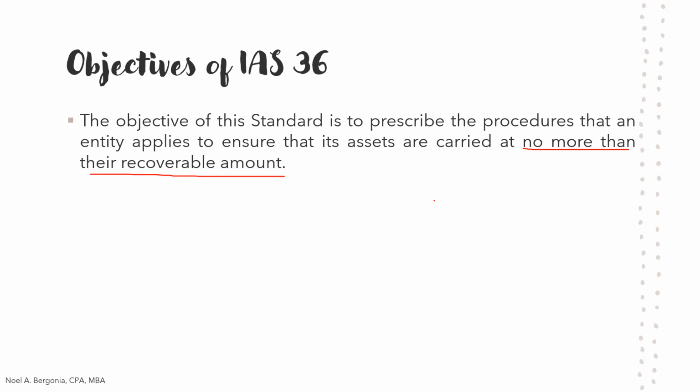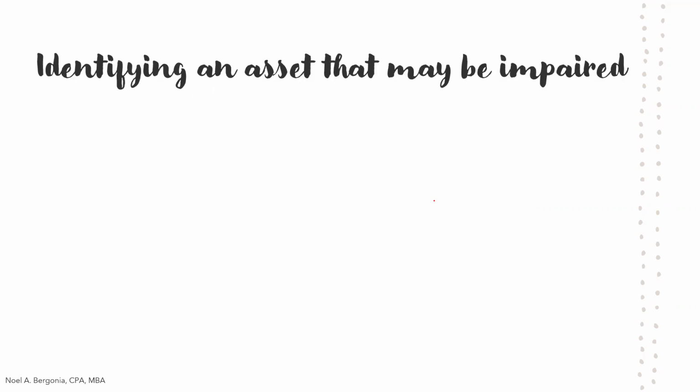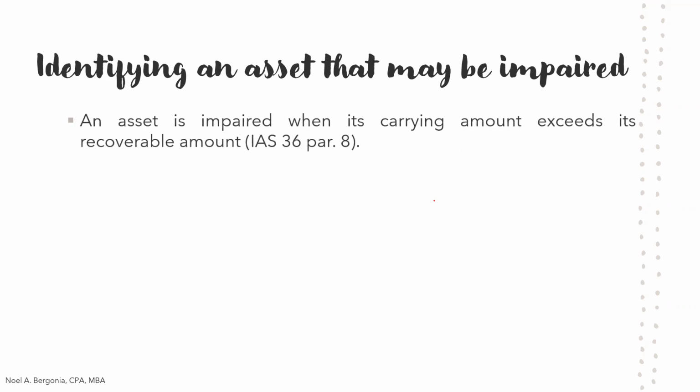How do we identify a particular asset that will be subjected to impairment? Based on paragraph number 8 of the standard, an asset is impaired when the carrying amount exceeds its recoverable amount. Later we will be defining formally what the recoverable amount is.